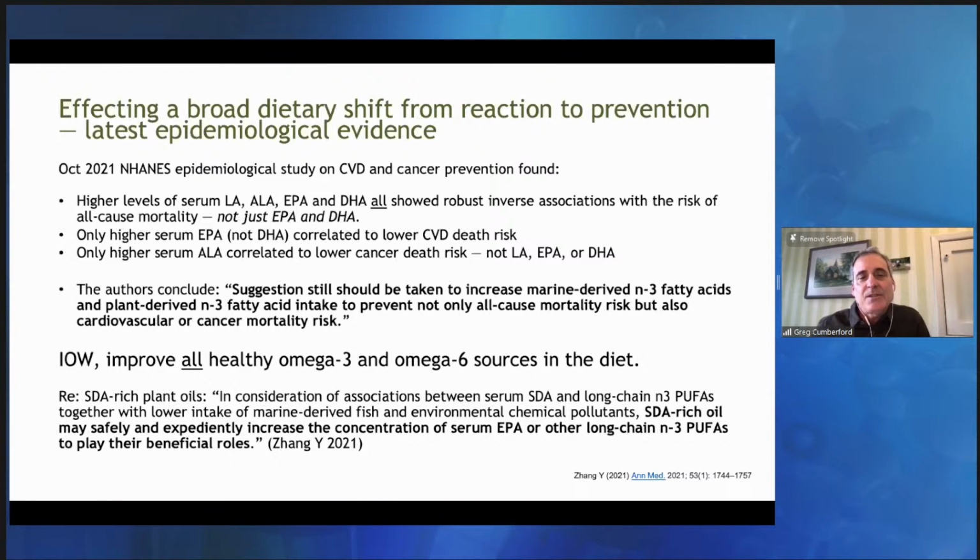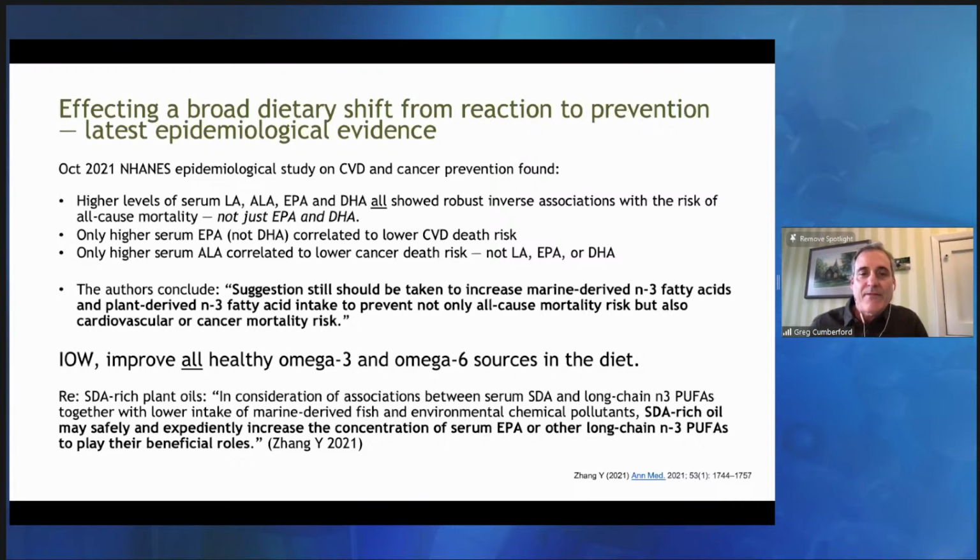And then shifting from the cell out to the epidemiological scale, this is a fairly recently published October 21 NHANES study that was looking at CVD and cancer prevention, and looking specifically at omega-3 status and what were the broad population-based correlations and associations.